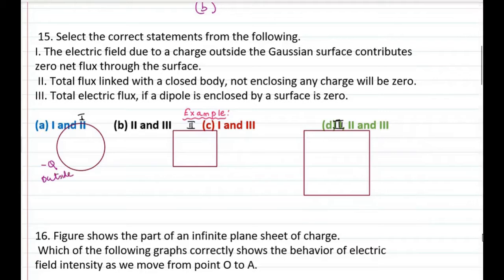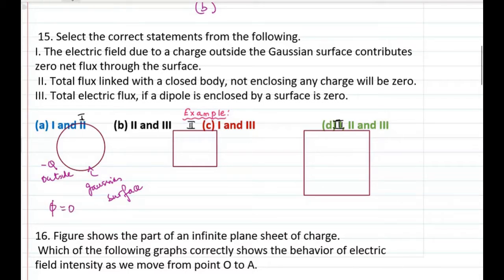The Gaussian surface is an imaginary surface that encloses the charges present in an object. Now the electric field due to a charge outside the Gaussian surface contributes 0 net flux to the surface. Yes, we have flux equal to 0 in this case.